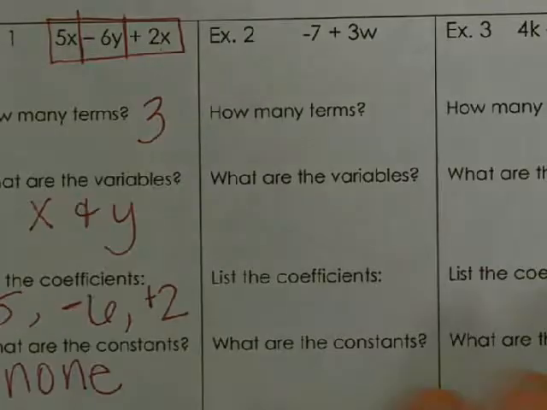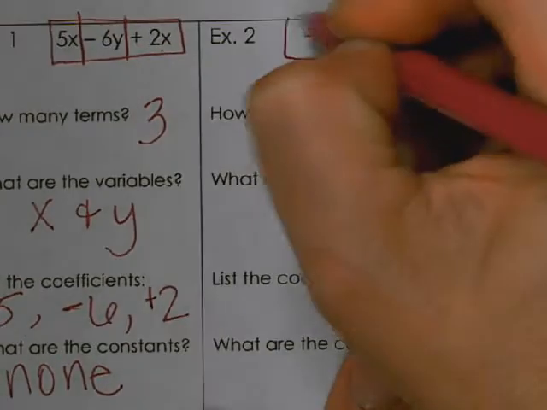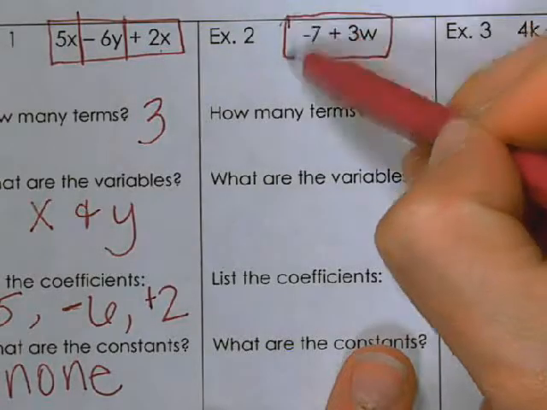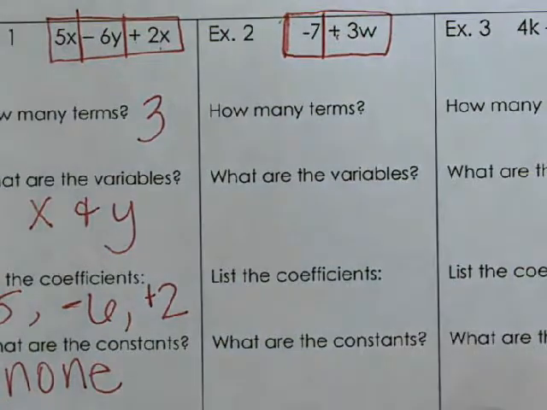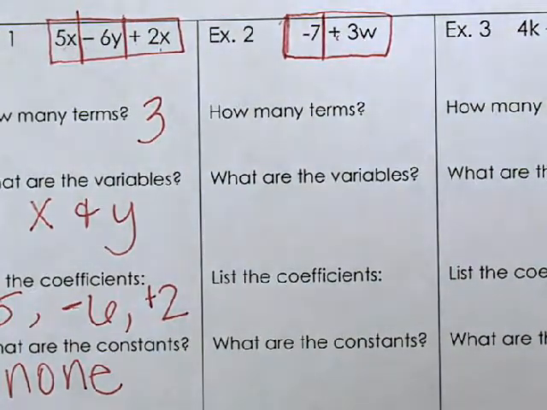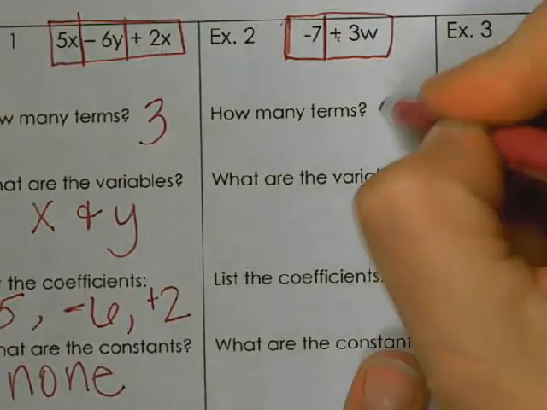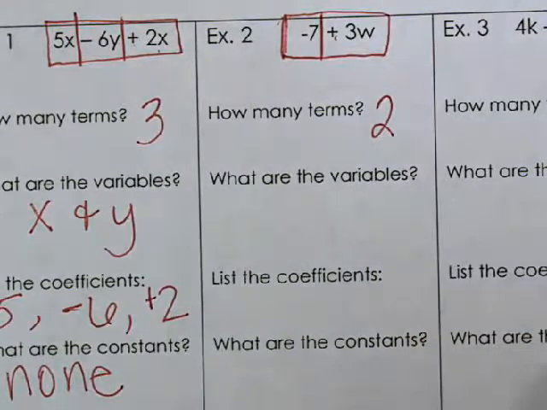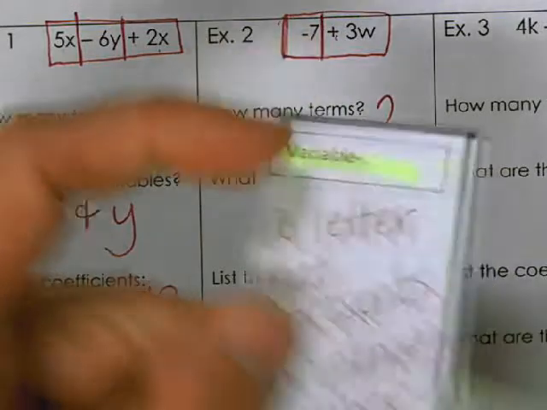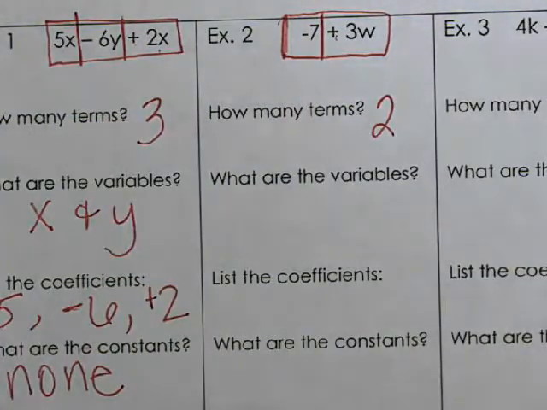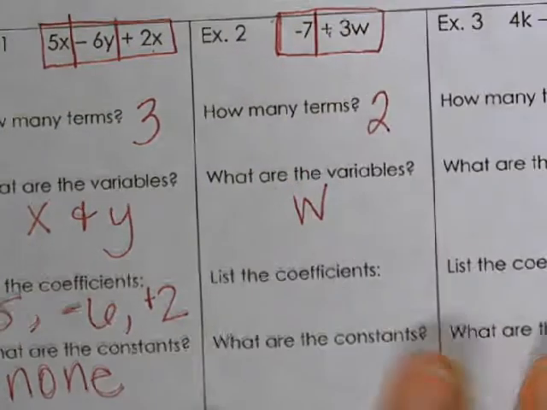Alright, example 2. Let's box it up and separate it. So there's a minus sign here, so we'll draw a line before it. And then there's a plus sign here, so we're going to draw a line before it. So how many terms does this one have? It has 2. What are the variables? Well, remember, a variable is a letter without a number. So the variable is w.